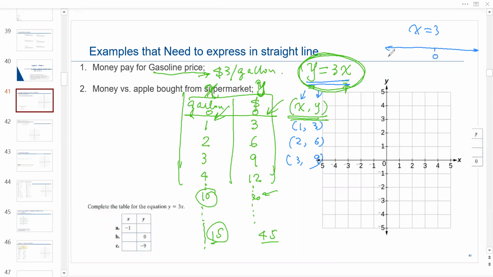Here is 0, here negative infinity, here positive infinity. So 1, 2, 3. 3 is right here. So you only graph on one line. If you say x greater than 3, you graph this part. And if x less than negative 3, you graph like this, right?